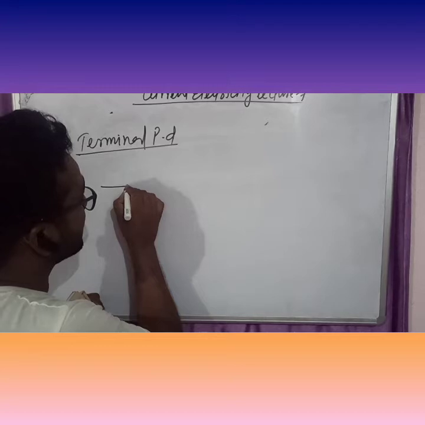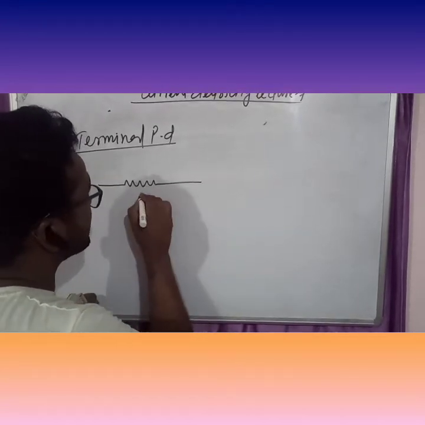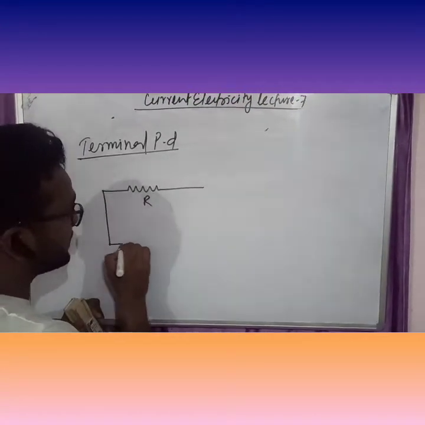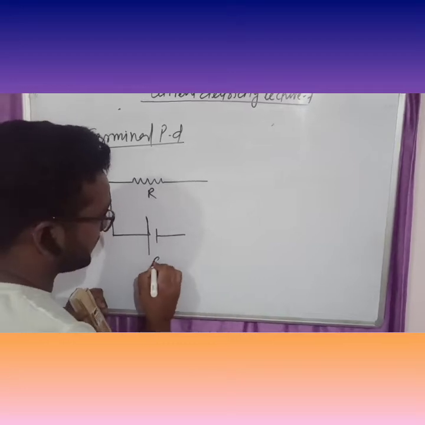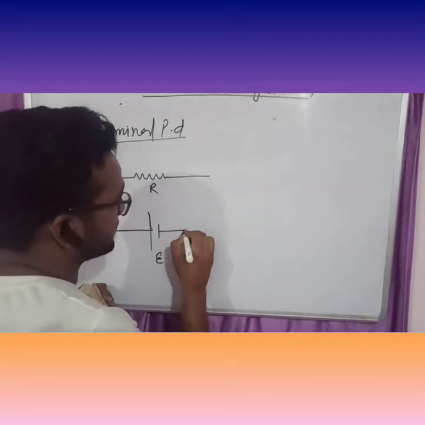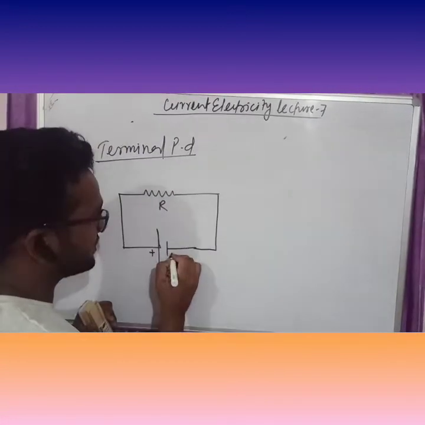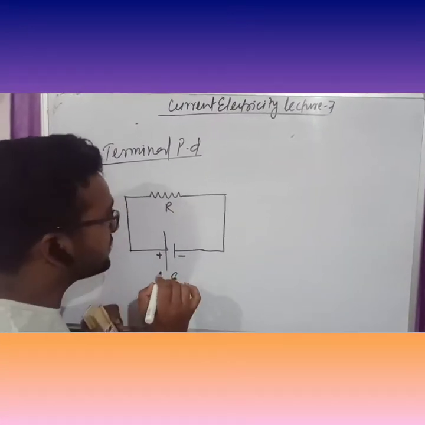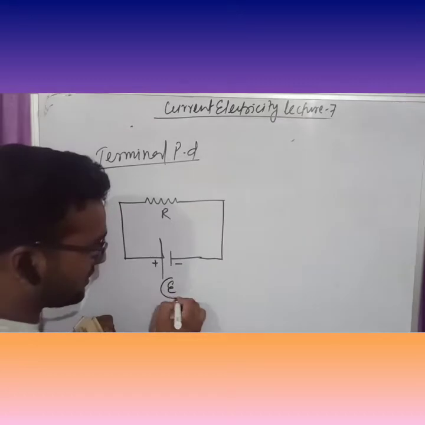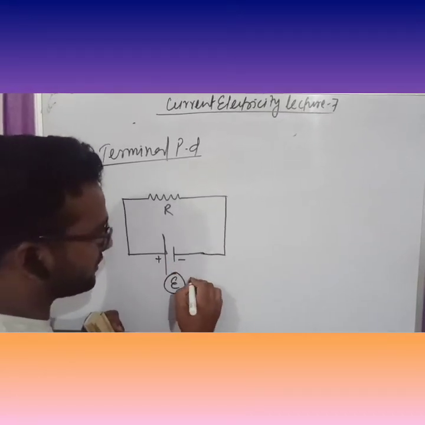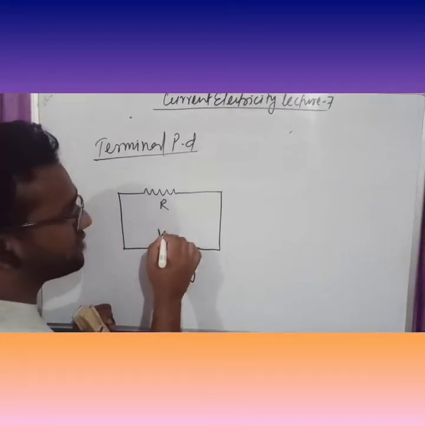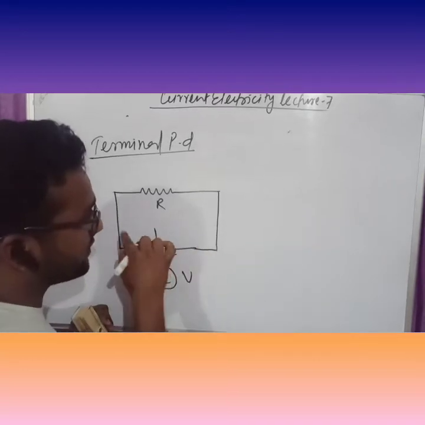Here it is an external resistance R, and this one is the cell of EMF E, and this is closed here, positive and negative. Now in this case, this E is written as V, and this V is the terminal potential difference of the cell.